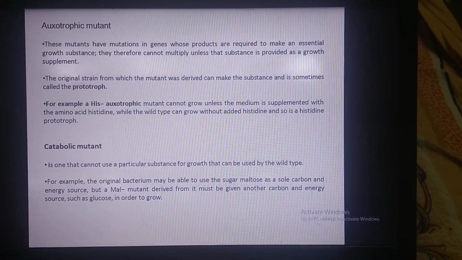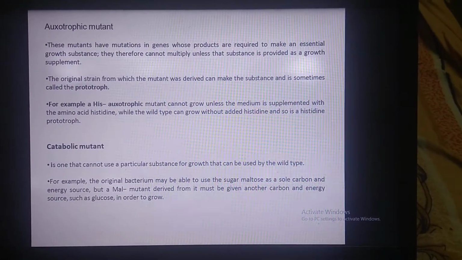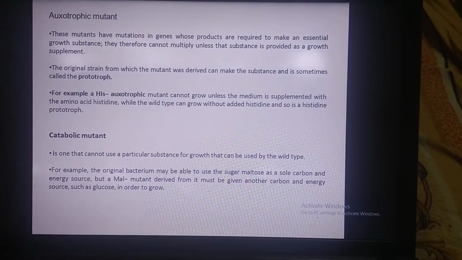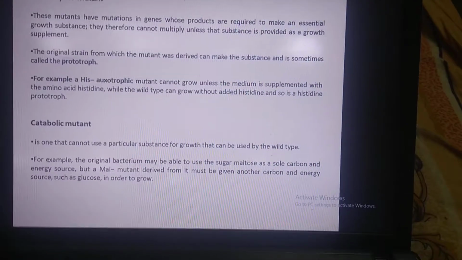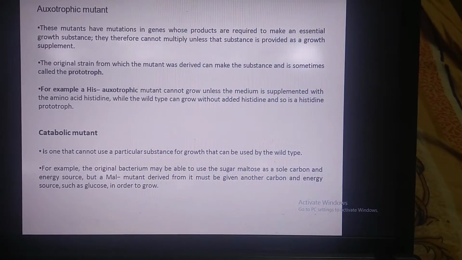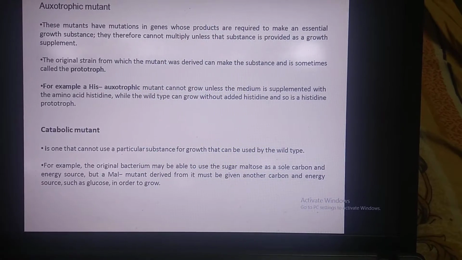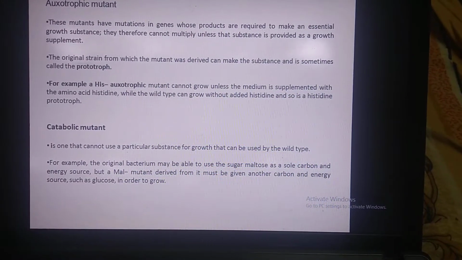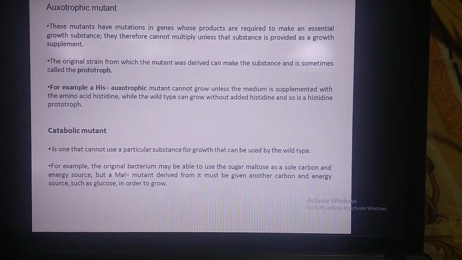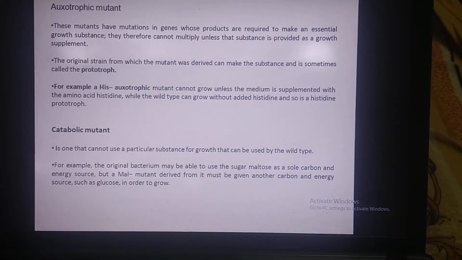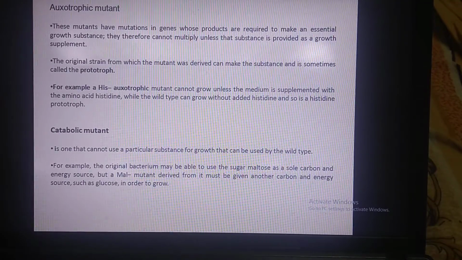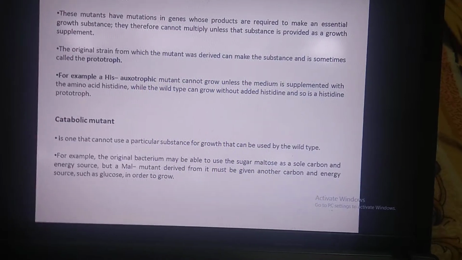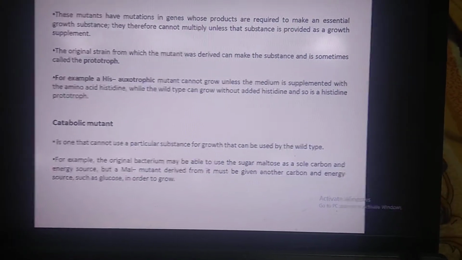Another type of metabolic mutant, related to metabolism, is the catabolic mutant. These are actually the reverse of auxotrophs. This is a mutant which cannot use a particular substance for growth that can be used by the wild type. Suppose the original bacterium here in this example can utilize the sugar maltose.